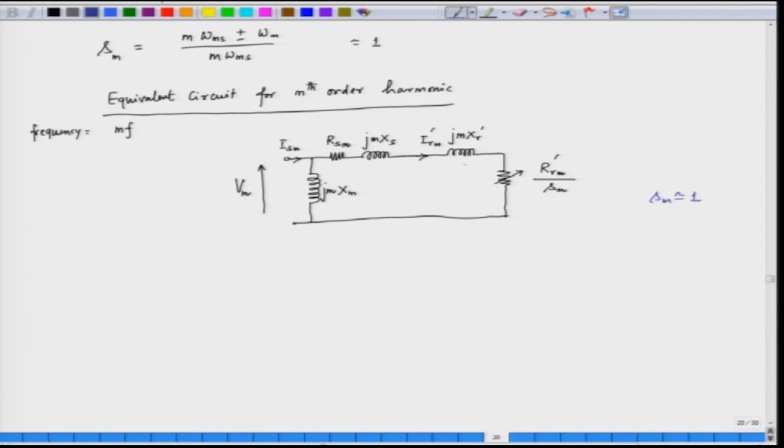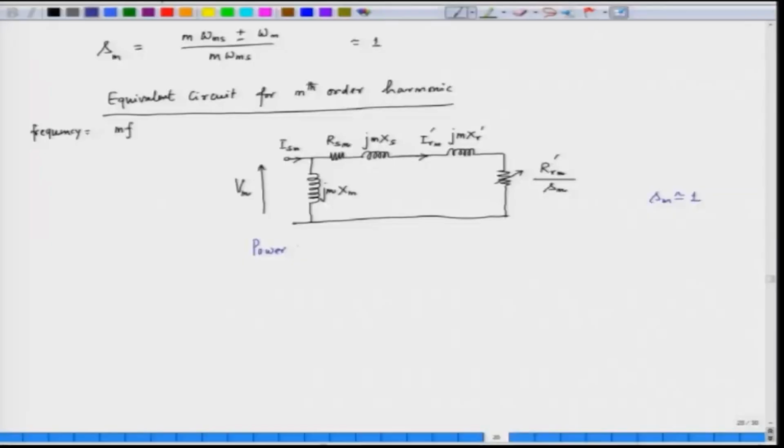Furthermore, since we have a reactive circuit, the power factor is poor, and the torque production is negligible.